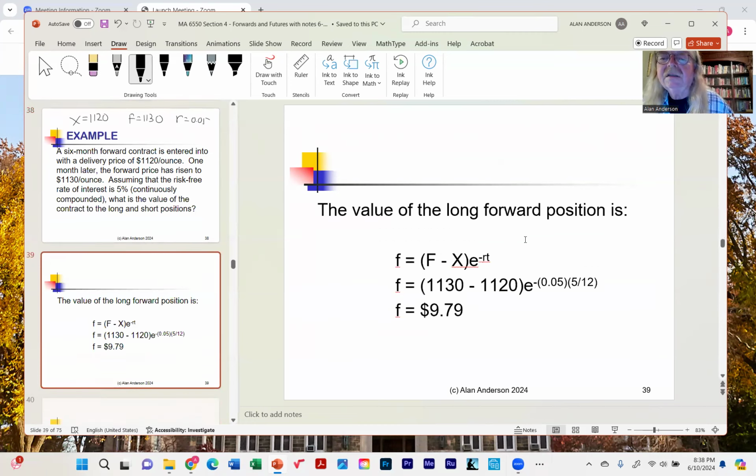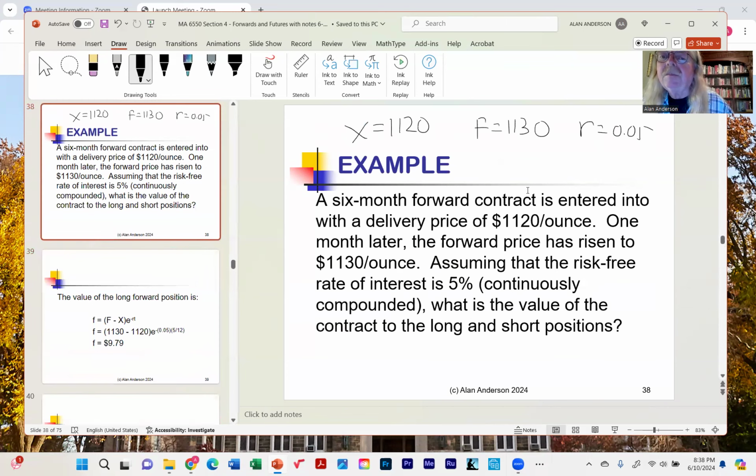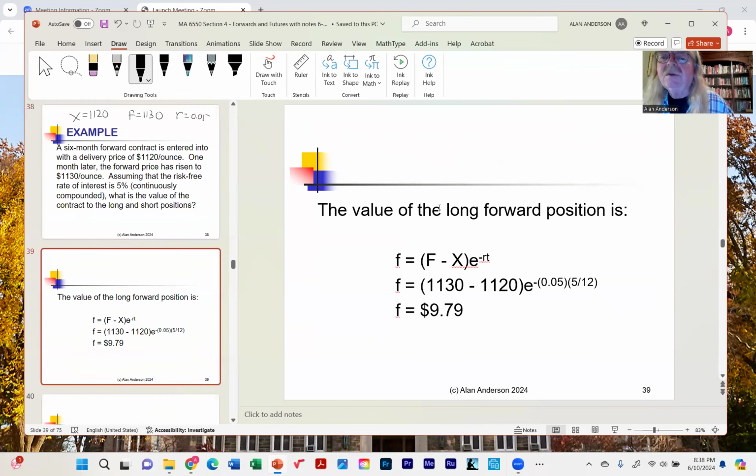Now, by the way, if you notice, a month has elapsed. So therefore, in 1 month, T will be 5 months or 5/12 of a year.